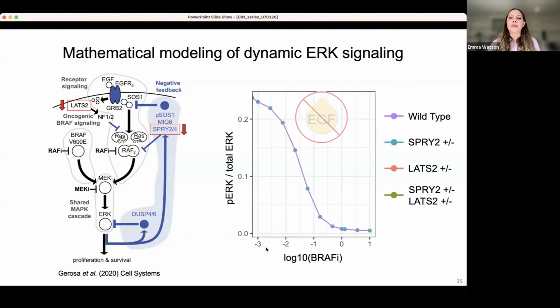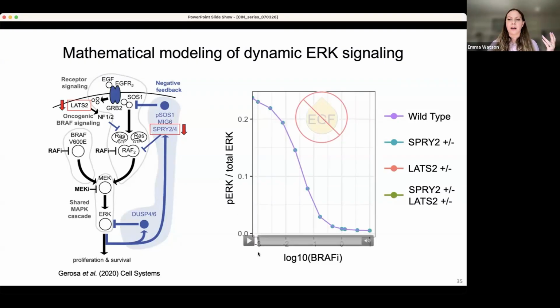And so what I'm going to show you is a simulation here where we're starting off with no EGF. We're going to drop in a pulse of EGF, and we're going to watch the dynamics of these various genotypes in the model. Here, without exogenous EGF, the cells are entirely relying on the mutant BRAF to signal independently of the ligand.